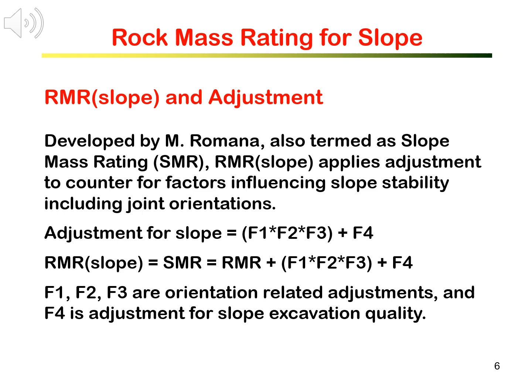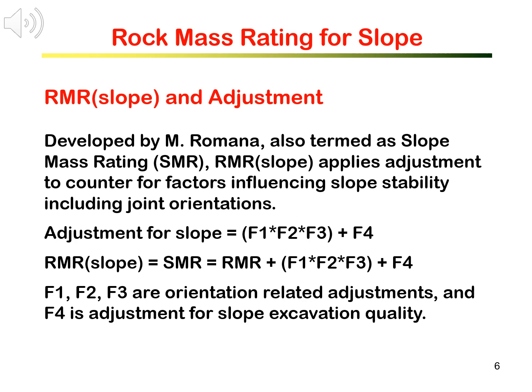The adjustment has 4 parts, namely F1, F2, F3, and F4. F1, F2, and F3 are orientation-related adjustments, and F4 is adjustment for slope excavation quality. The total adjustment is equal to F1 times F2 times F3, then plus F4, as expressed by the equation on this slide.